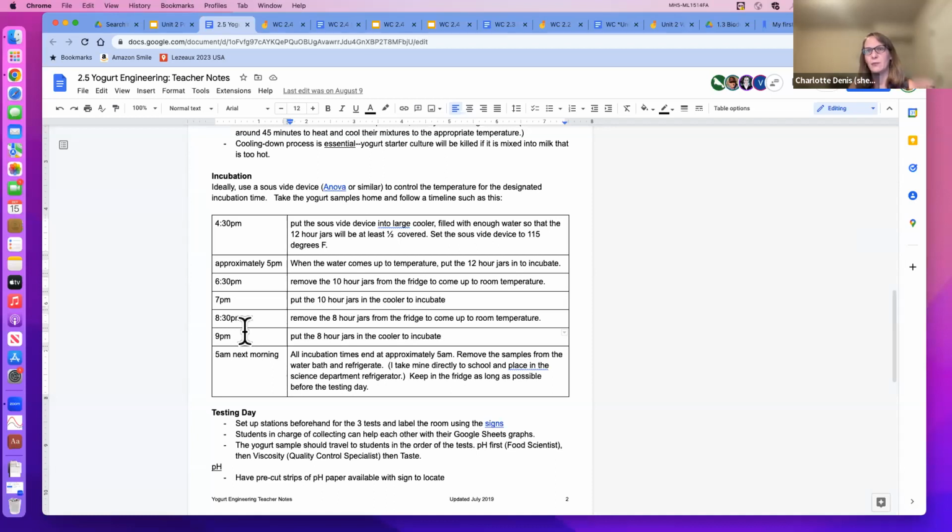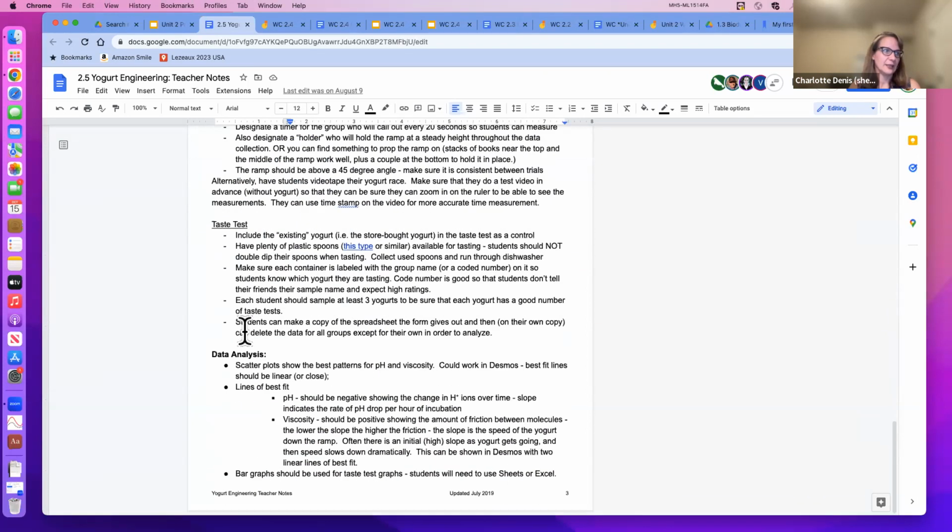And then I bring the samples to school. We're on an alternating day schedule at my school, so when I bring the samples back to school, they are incubated in the refrigerator for another whole 24 hours before students get back to them in class.